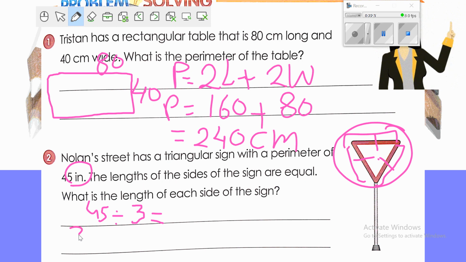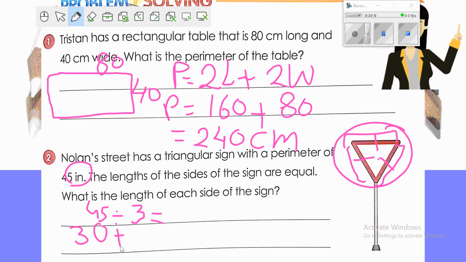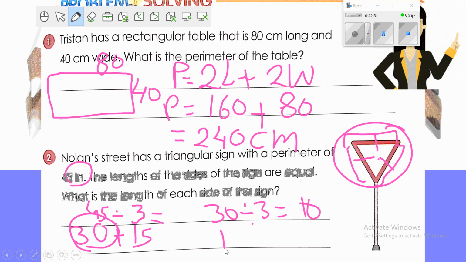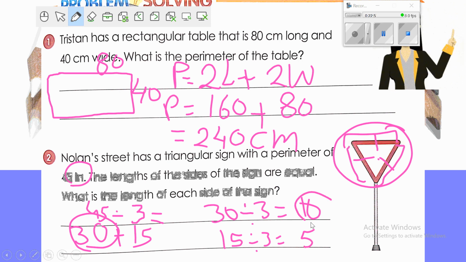We can make it 30 plus 15, okay? So 30, if I divide it by 3, the answer here is 10. And 15, if I divide it by 3, the answer is 5.